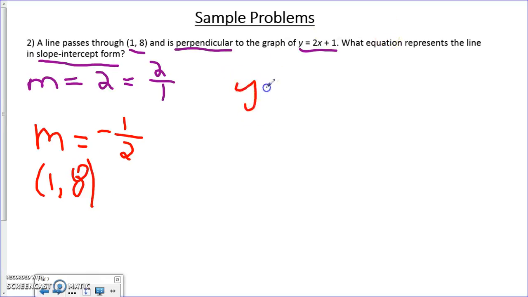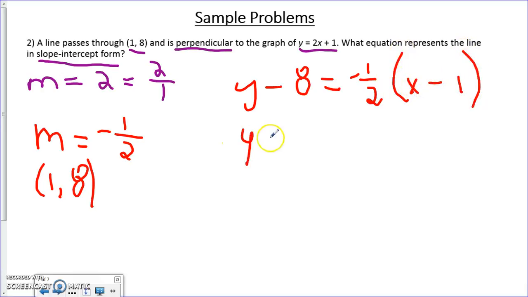So y minus 8 equals -1/2 times (x minus 1). Y minus 8 equals -1/2 x plus 1/2.